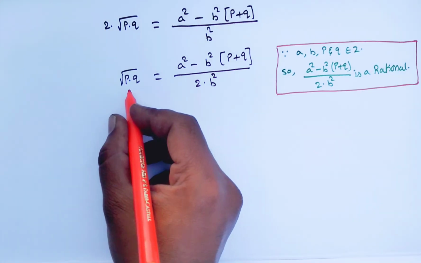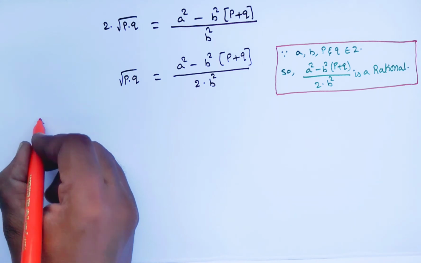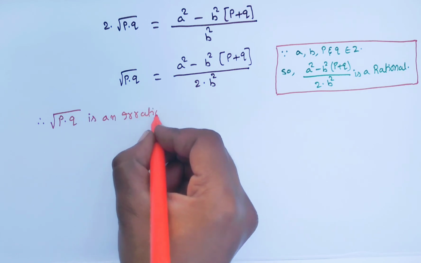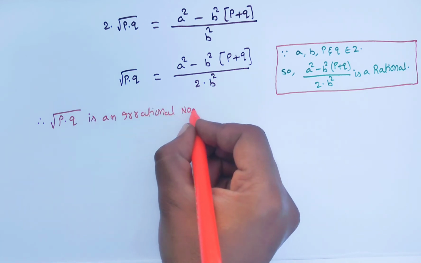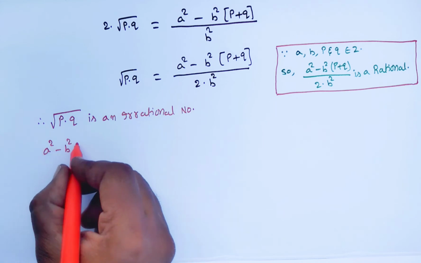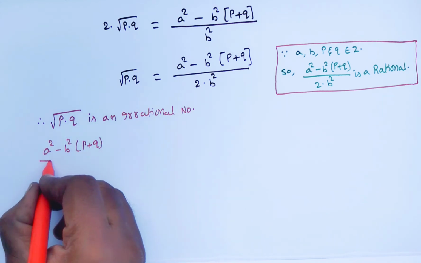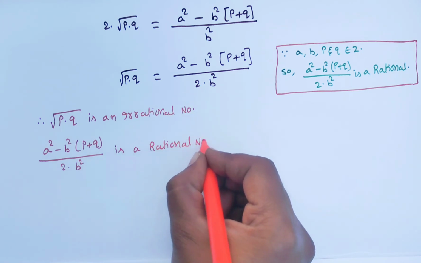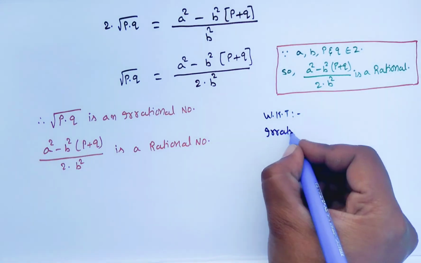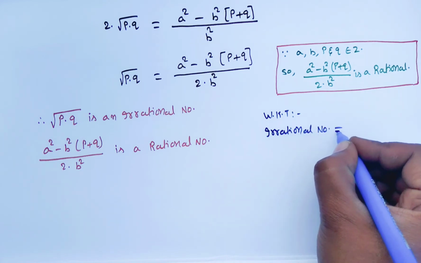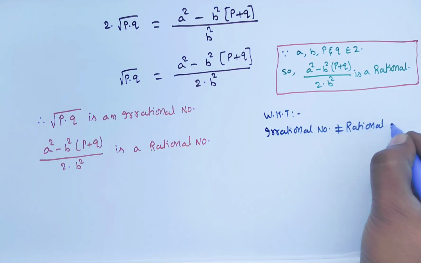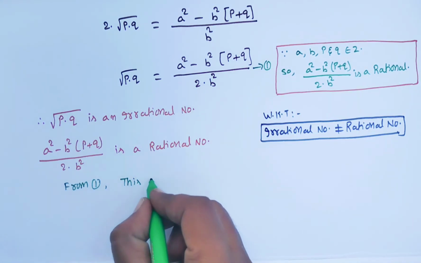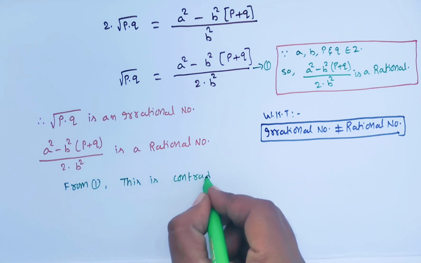Now observe in the above equation, root of pq is an irrational number, while the RHS, (a squared minus b squared of (p plus q)) divided by 2b squared, is a rational number. We know that an irrational number is not equal to a rational number. This is equation 1. From equation 1 we get irrational number equals rational number.